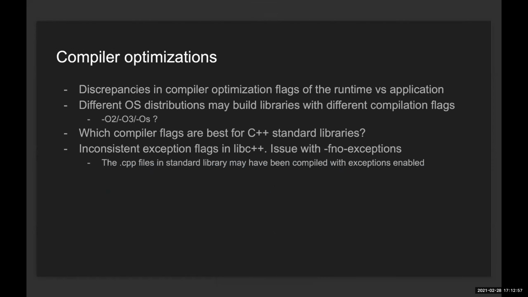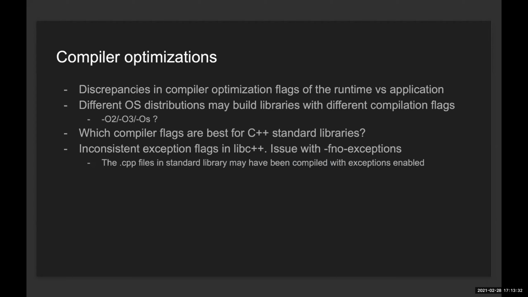All right, moving on to the compiler optimizations. When we use the C++ standard library, many of the functions, data structures and algorithms are header only. But there are many functions in libstdc++ or libc++, which is called the runtime, right? Those libraries were compiled with some optimization flag, and they may be different across different operating system versions.